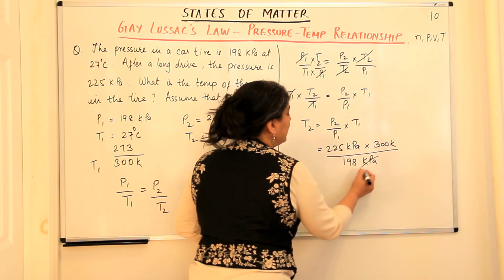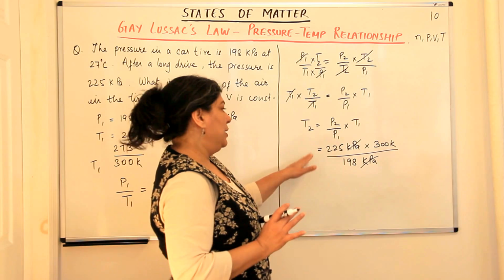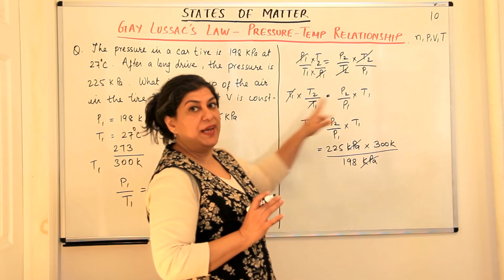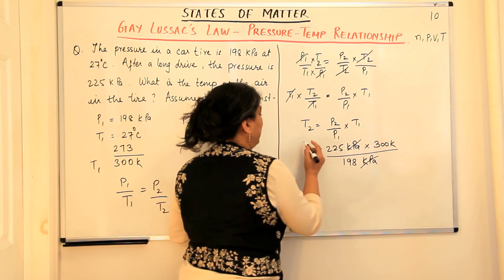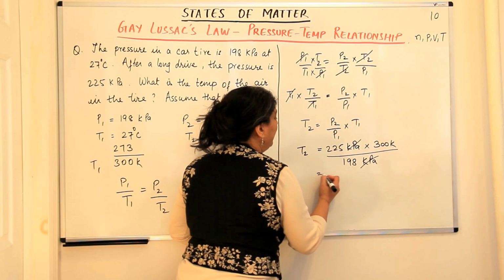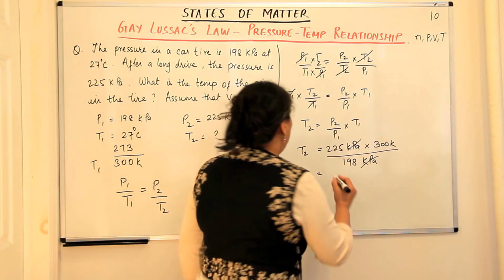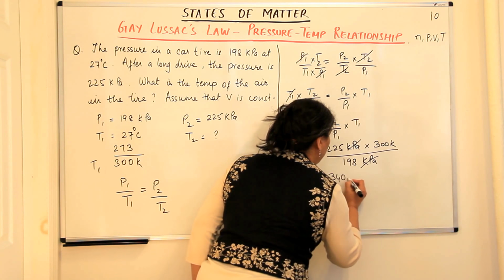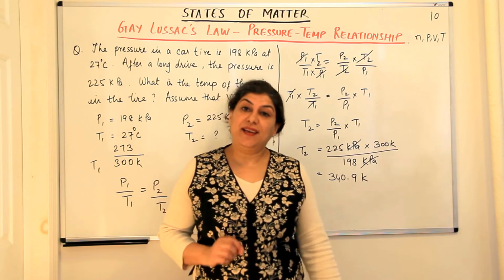Now, the kilopascal and kilopascal will get cancelled and we get our answer in Kelvin. So, we are looking for temperature and we are getting the answer in Kelvin, which means that we have plugged in the values at the right places. So, T2 should be in Kelvin. When you plug in these values, you will get 340.9 Kelvin. That is, T2 is 340.9 Kelvin.